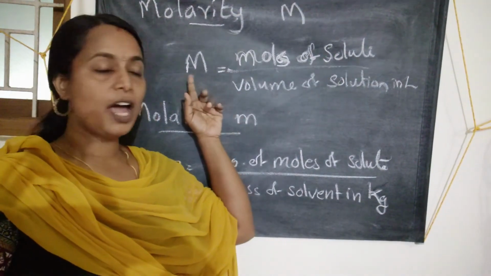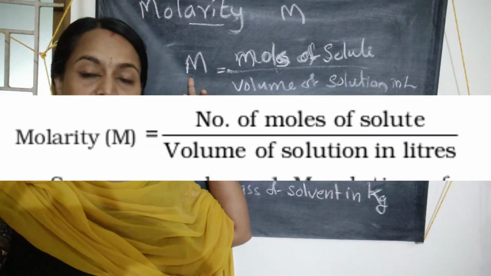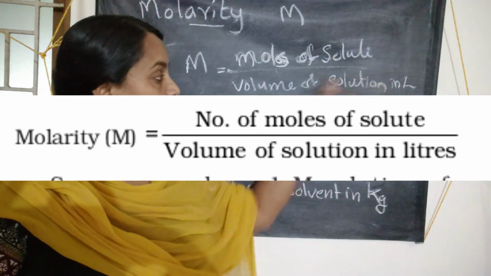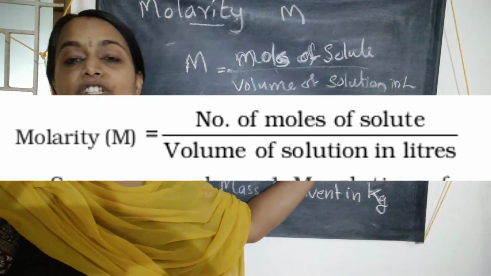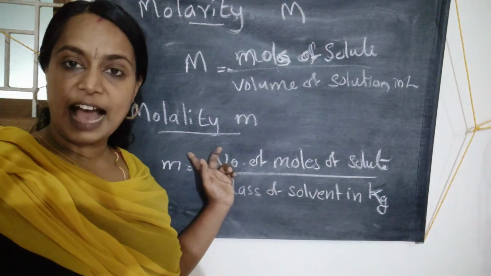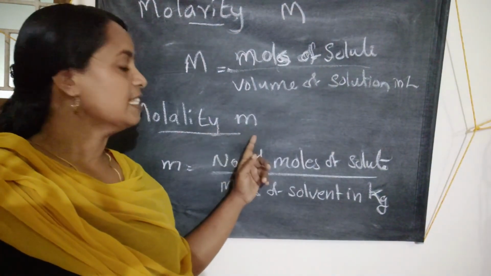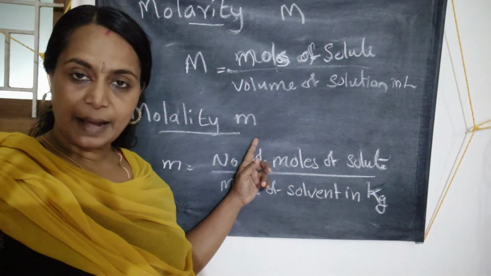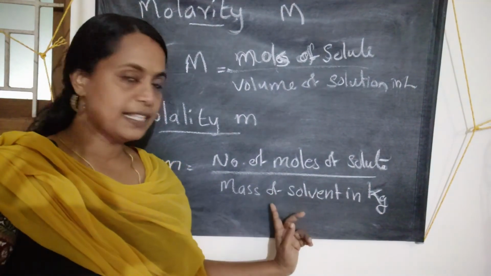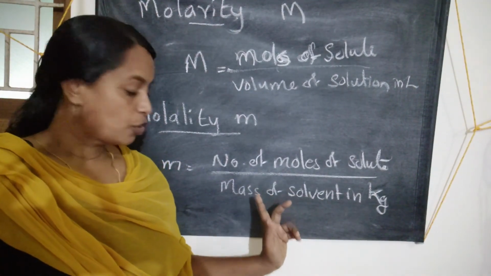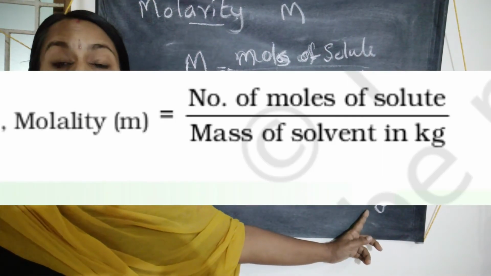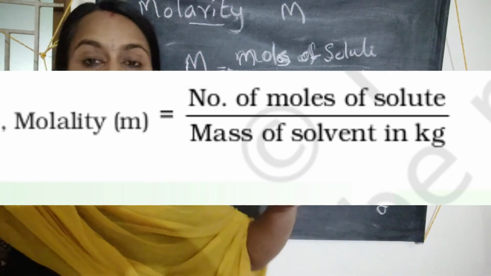That is, the molarity of a solution can be calculated as the number of moles of solute divided by the volume of solution in liters. Okay. Molality is represented by small letter m, and it is the number of moles of solute present in 1 kilogram of solvent.